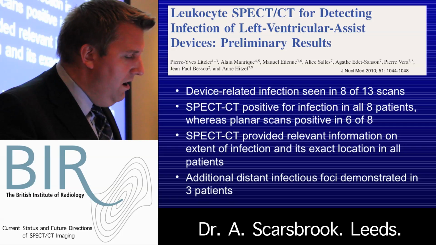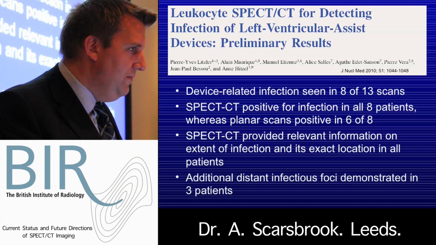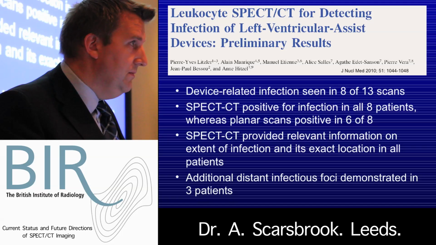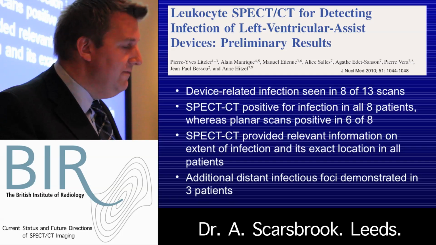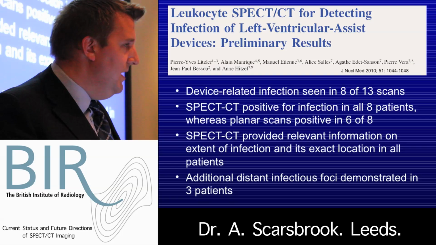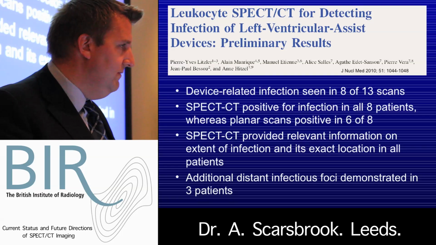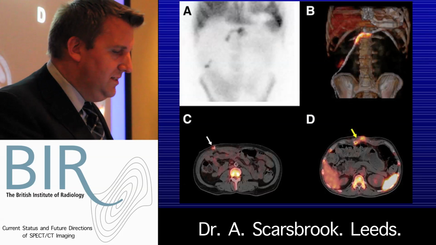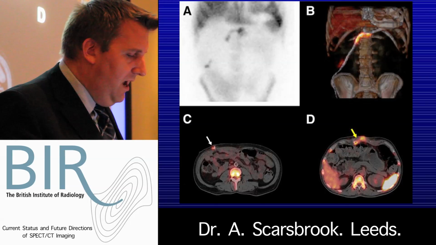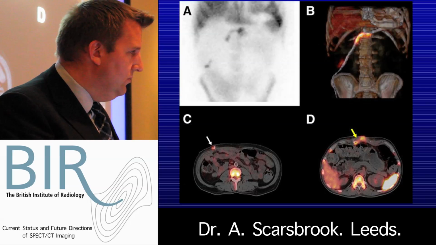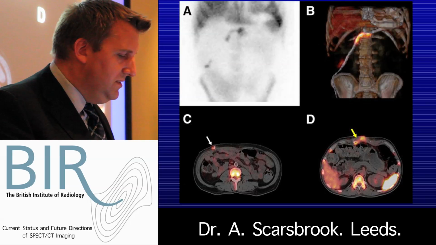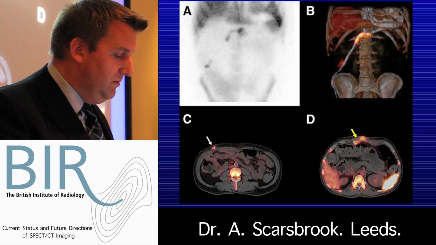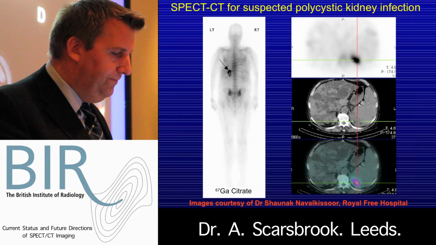It found infection in an additional 2 patients compared to planar imaging, but the main benefit was that it provided additional relevant information about the exact location of the infection, and in particular about distant infected foci. And here's an example. You can see in this case there was seeding of infection in multiple different sites along the device wires as they came out through the subcutaneous tissues.